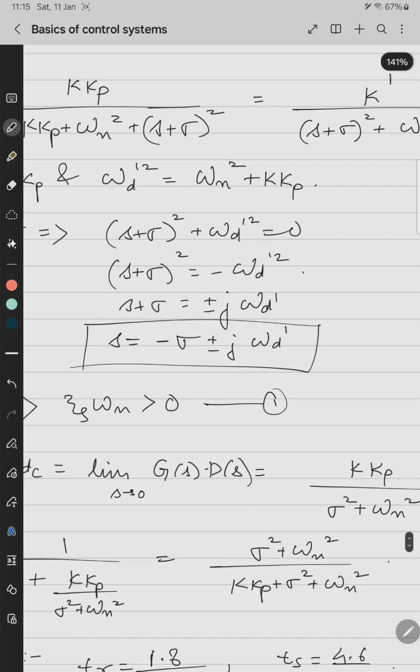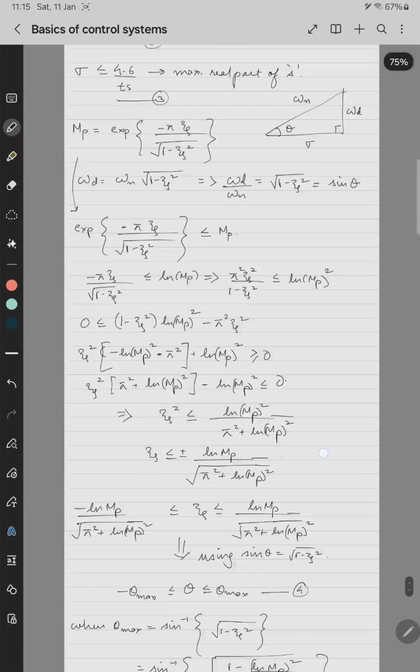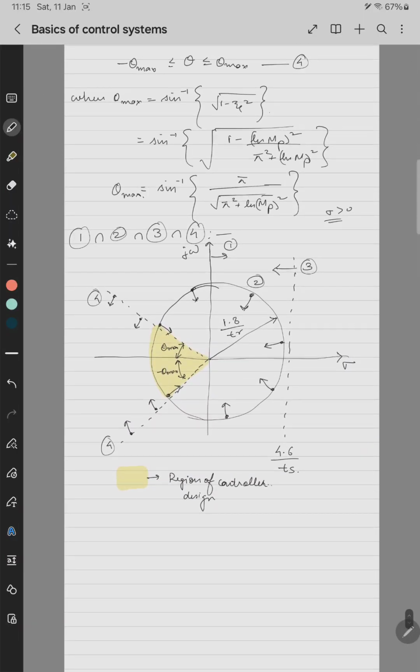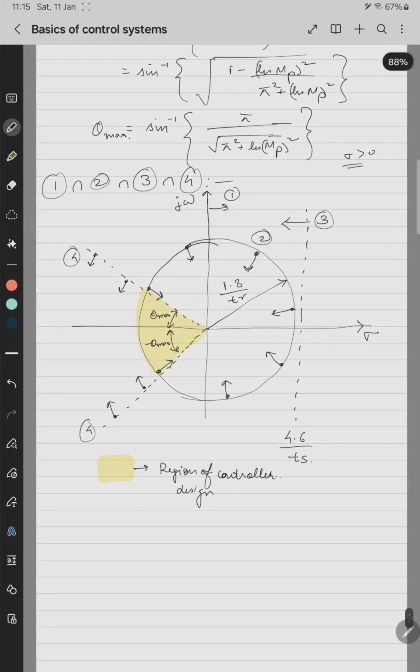So S is minus sigma plus j omega. So whatever is the sigma, it will be on the left hand side of the axis. So basically this thing, our 4.6 by Ts, has to be projected toward the negative side. So this will be minus 4.6 by Ts. Sigma equals minus 4.6 by Ts.